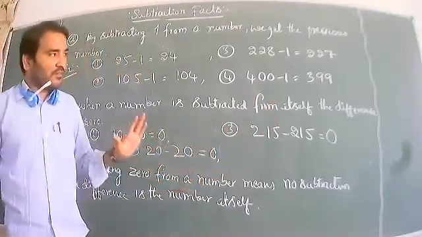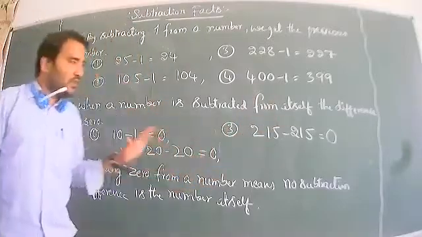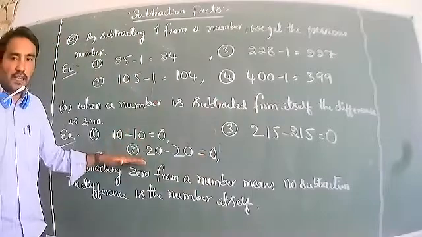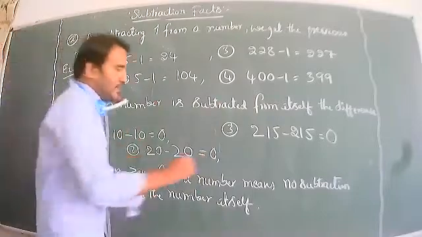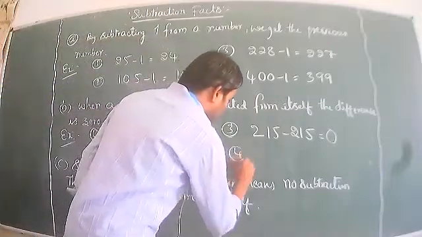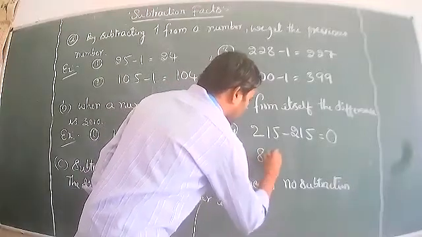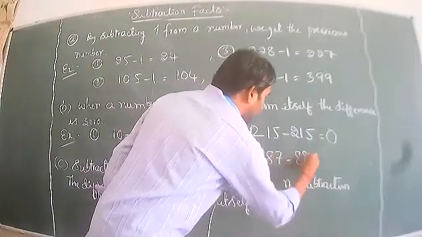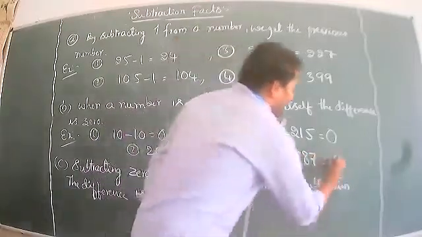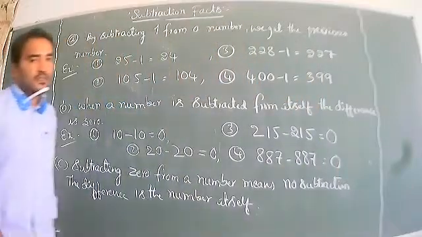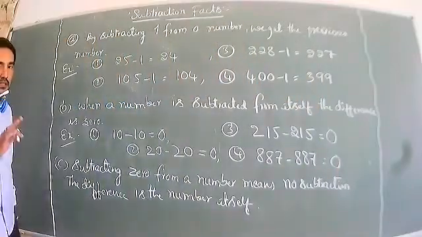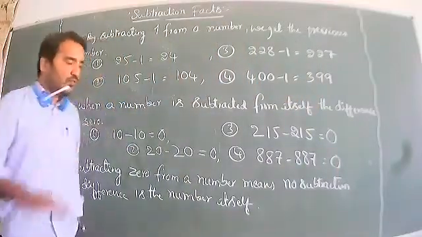When a number is subtracted from itself, the difference is 0. The difference means the answer of subtraction. The answer of subtraction is called the difference. You already know these examples. Last example, fourth one, 887 minus 887 equals 0. When you subtract a number from itself, the answer is always 0.